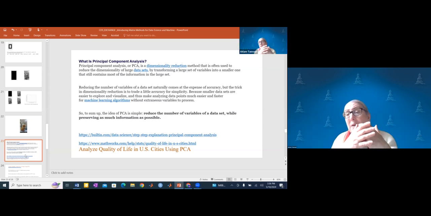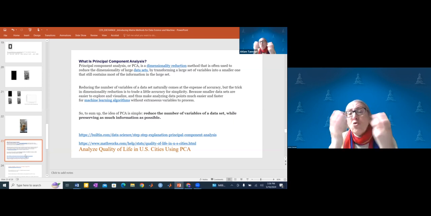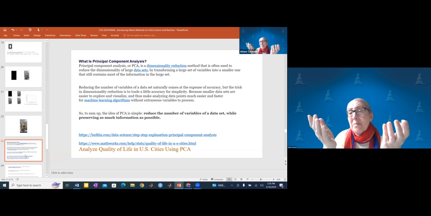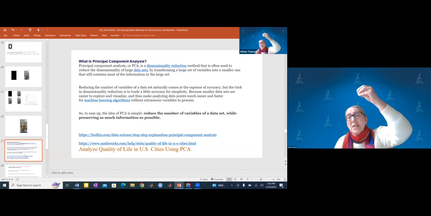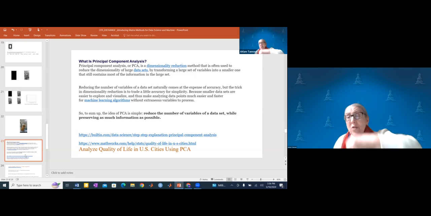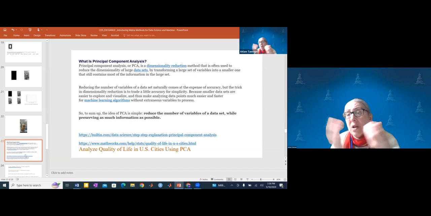So principal component analysis would tell me which 2 components are really related to each other. So there is no need to consider them if they are the same. If I am talking about weight and I'm talking about the price, and I know the unit price, there is no need to have a column of weight and a column of price because they are proportional. So we are not gaining much information.